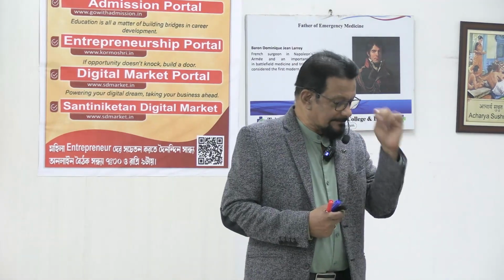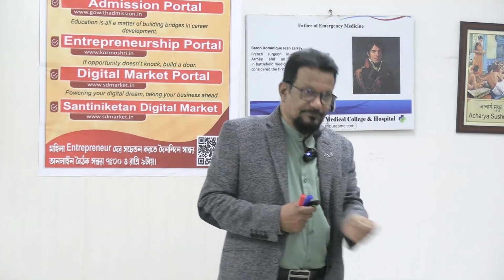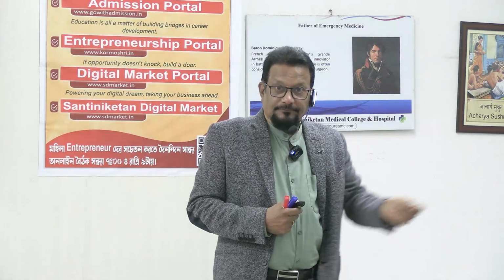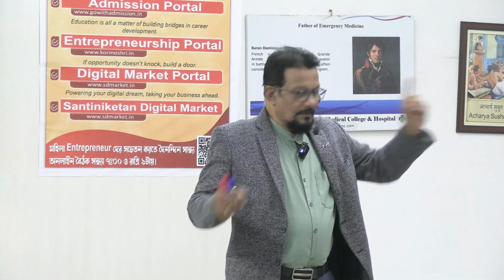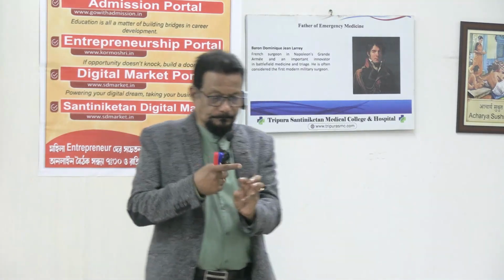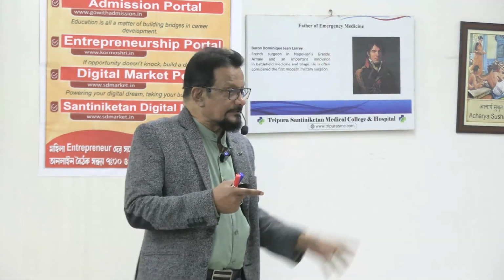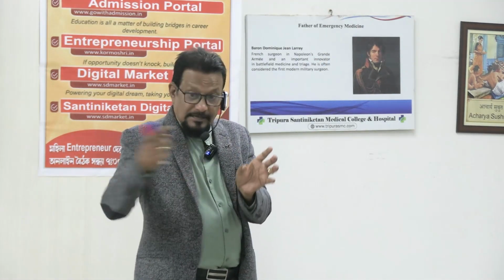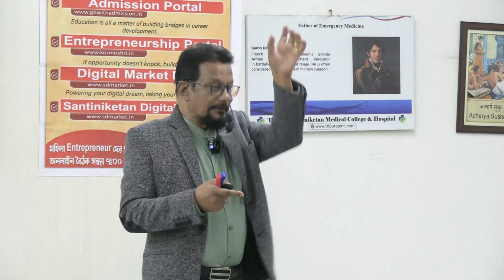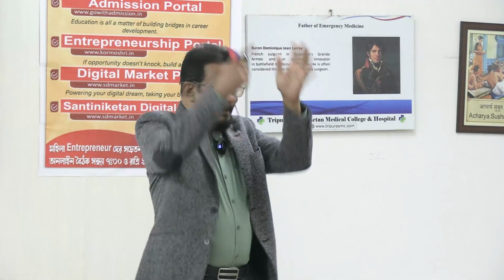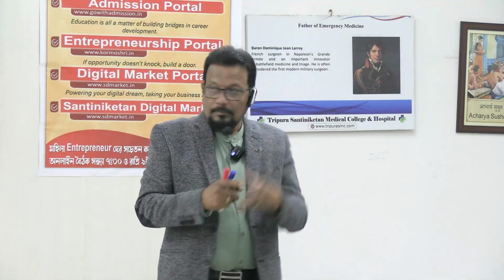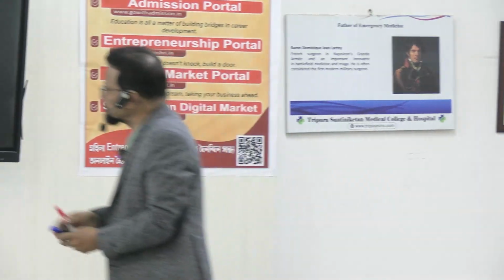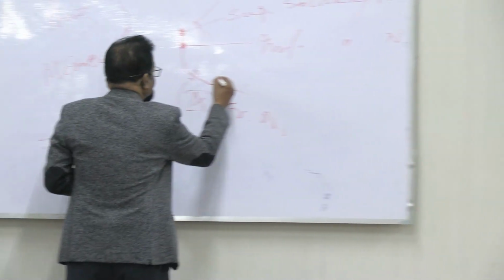Second difference is the nerves. The nerves will have two parts. There will be one ganglia outside the spinal cord, very close to the spinal cord. This is the spinal cord.